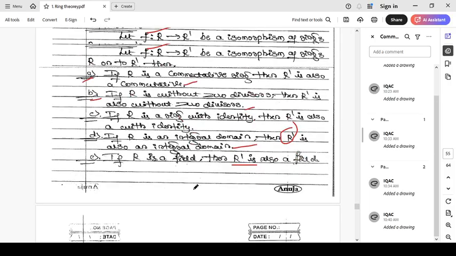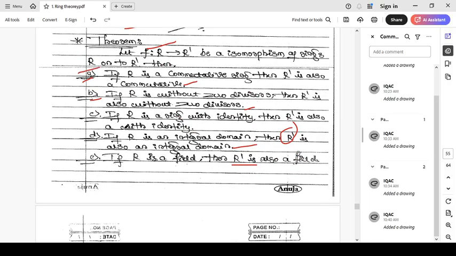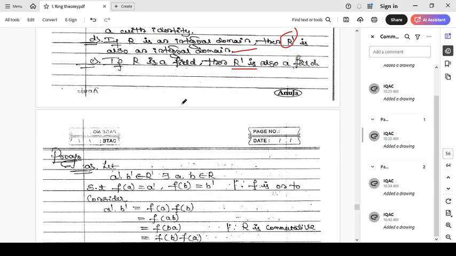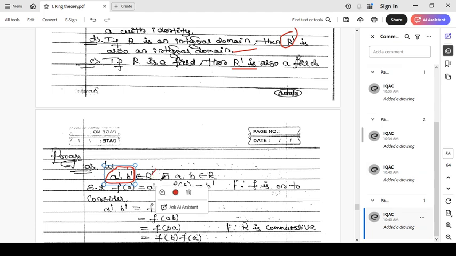Let us take the first condition. We need to show that R is a commutative ring, and R' is also a commutative ring. So let a', b' belong to R', obviously, why?